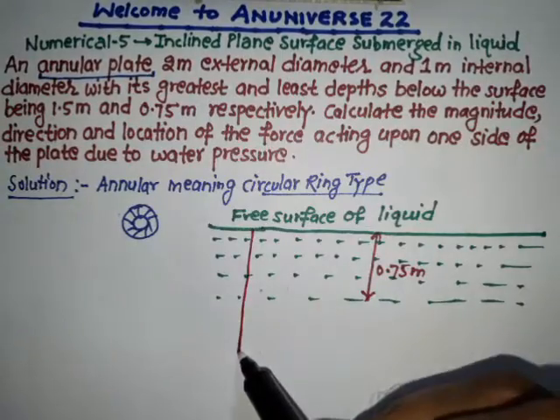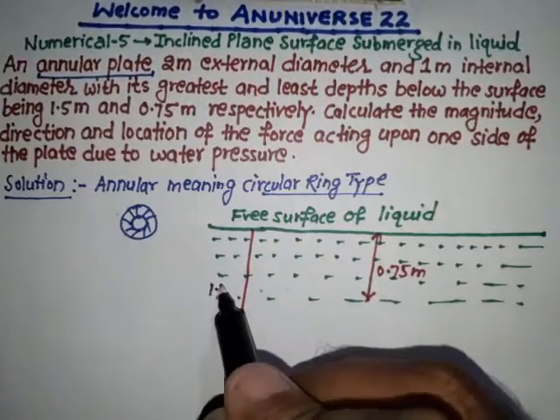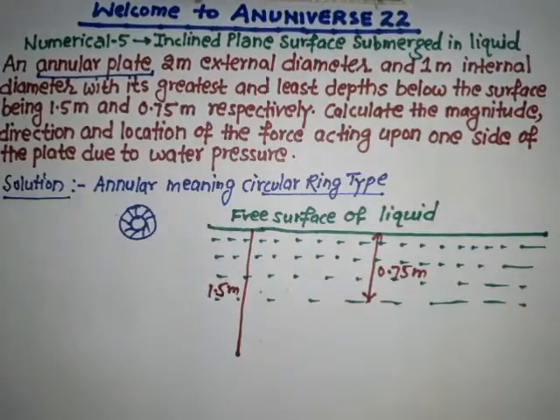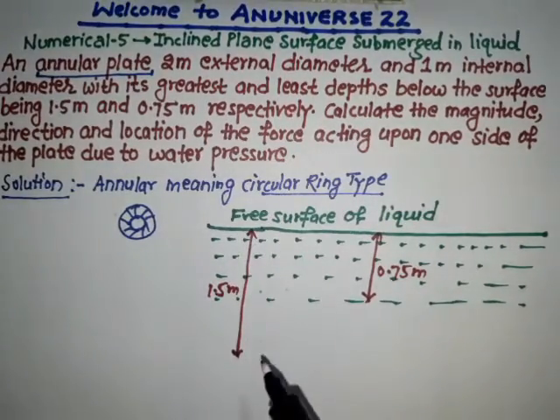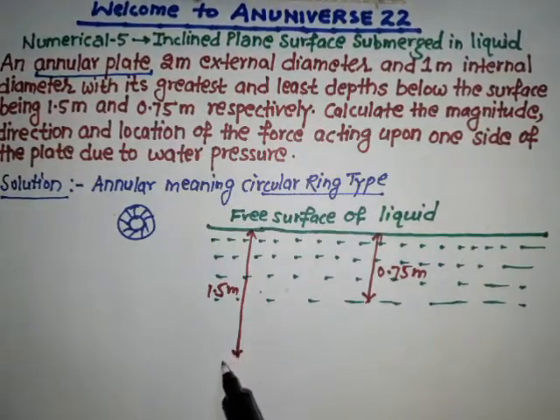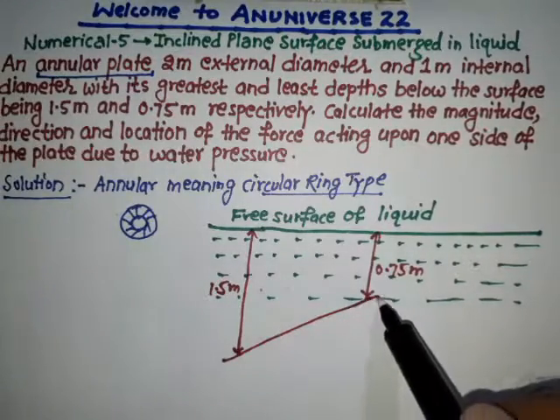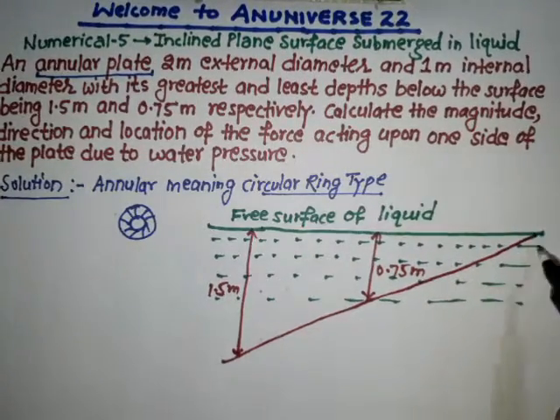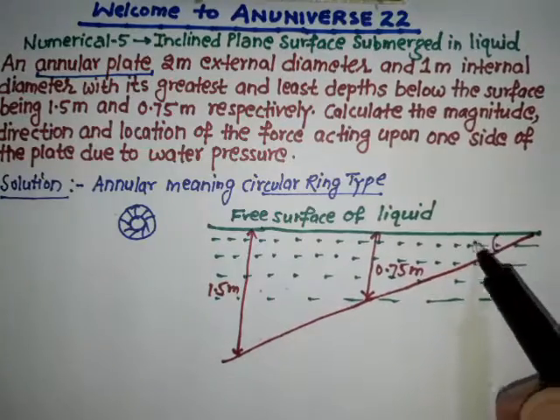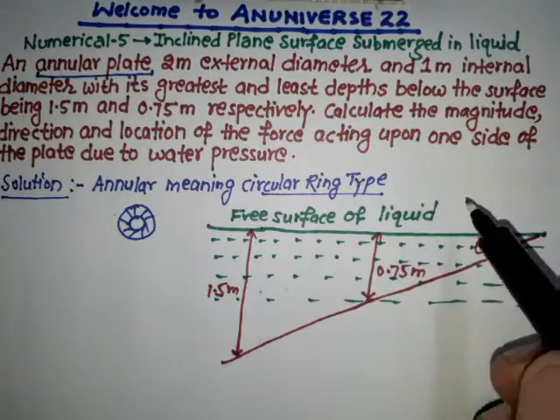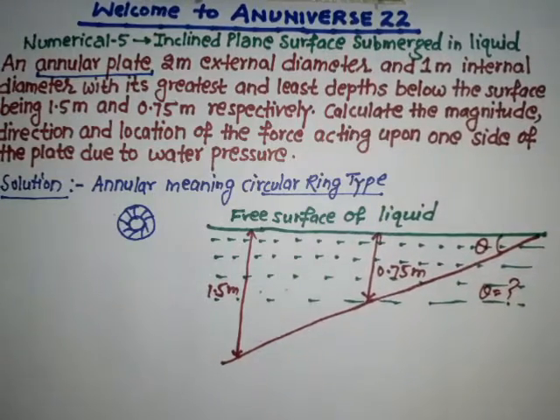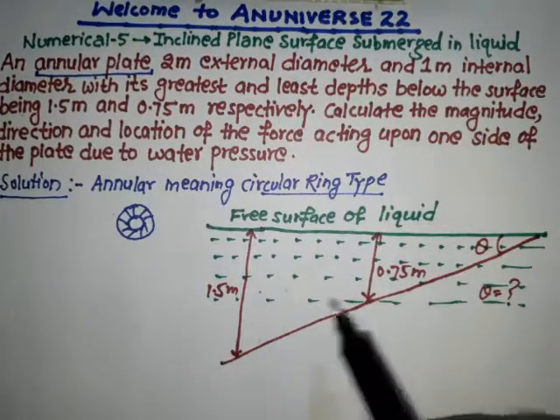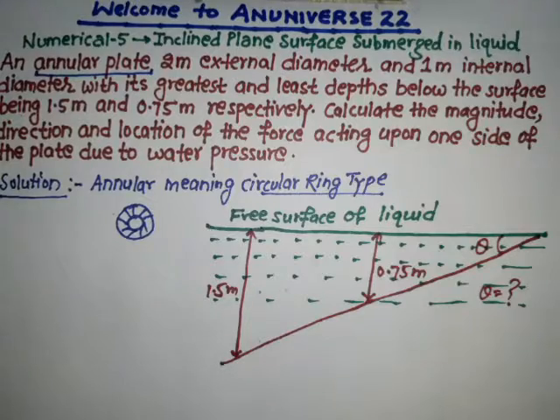Another is 1.5 meter. So I plot a line or plane through these depths. It makes some angle with the free surface of liquid. This is angle theta, and the value of theta is not given, so we can say theta is an unknown value. On the basis of these depths, we try to plot the diagram.